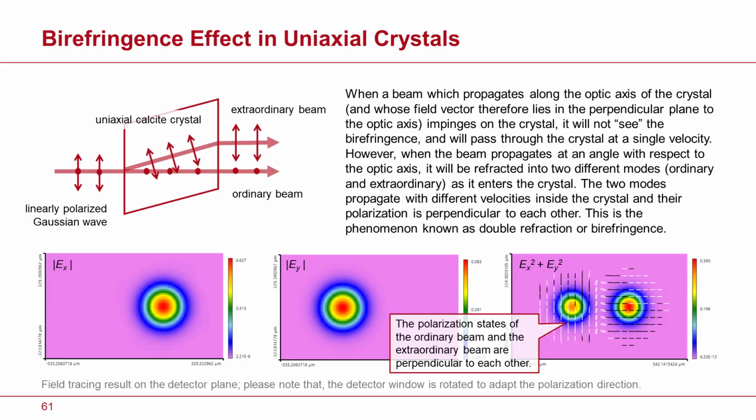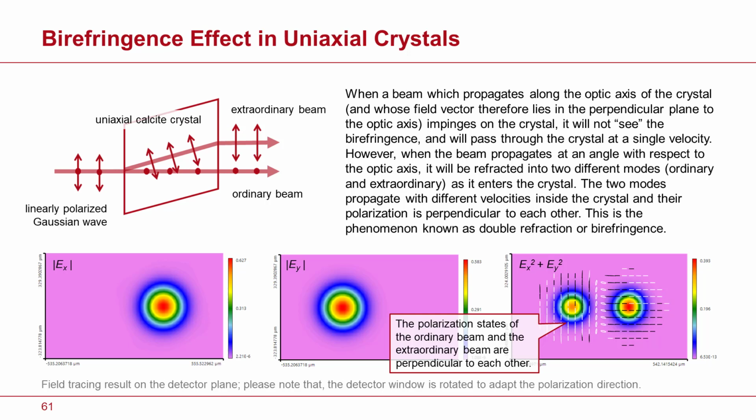So we very simply have a linearly polarized Gaussian wave, which is going to propagate through a uniaxial crystal, a calcite crystal. And we're going to orientate the optic axis of this crystal with respect to the direction of propagation of the beam and its polarization, so that the birefringence effect inside the uniaxial crystal will separate two different polarization states inside the crystal.